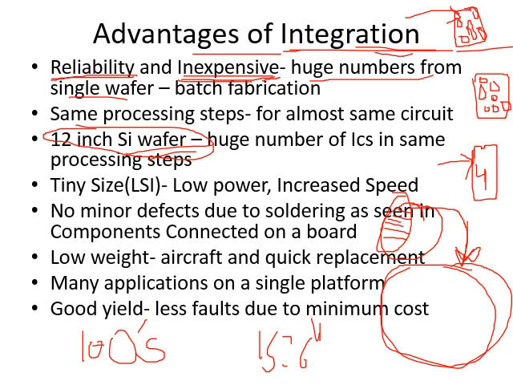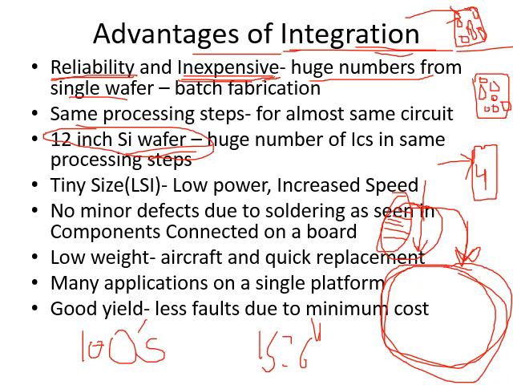That means if I do all these steps only once, then all the 150 or 100 ICs present on the silicon wafer will be ready. The masks we use should have the pre-arrangements.